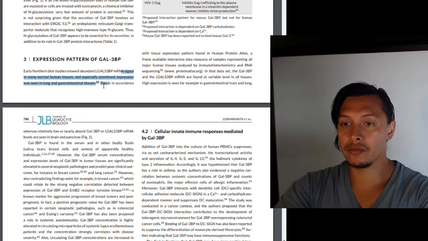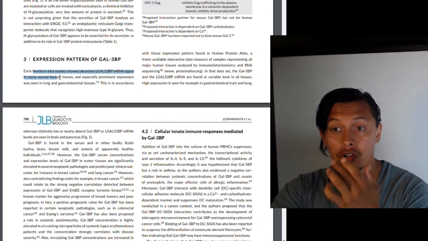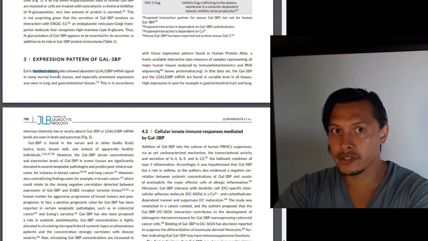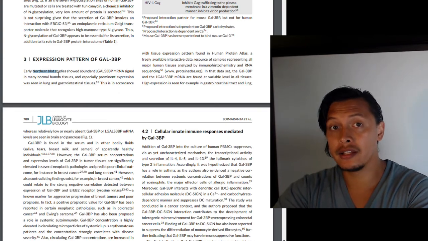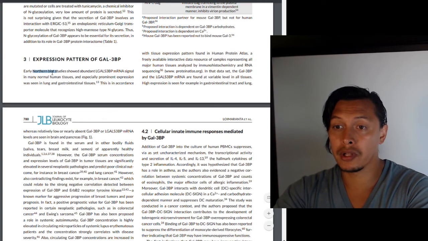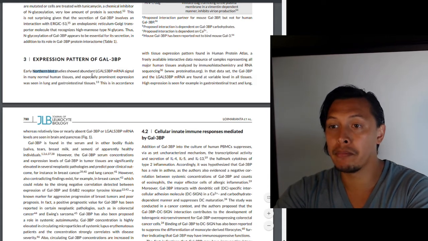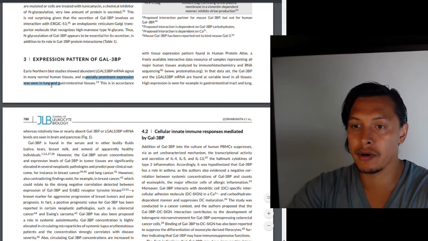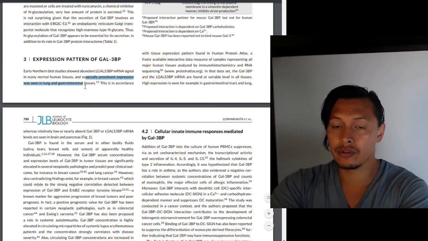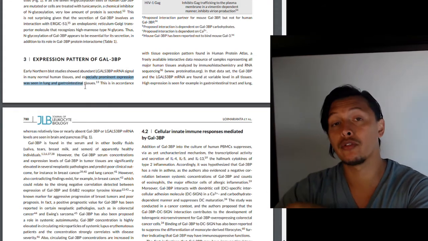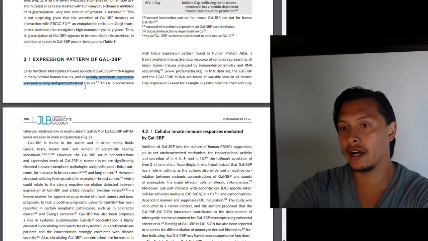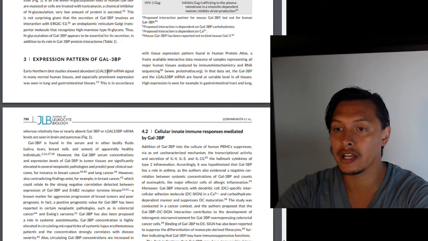A northern blot is the visualization of the different types of mRNA found in a sample. Early northern blot studies showed abundance of the mRNA in many normal human tissues, and especially prominent expression was seen in the lung and gastrointestinal tissue. So this is a protein found throughout the entire body, or at least in a lot of different tissues. However, there is a lot more being expressed in the lung and gastrointestinal tissues.